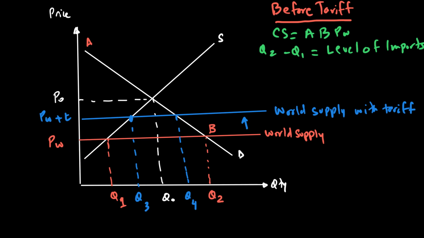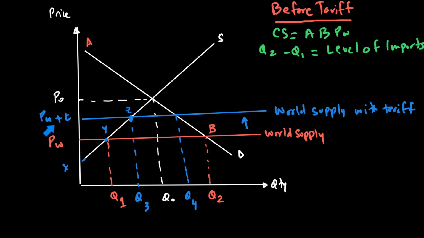And these, let's call it X, Y, were those producers previously who were producing at PW. Now it's X to Z producers, these extra producers, Q3 minus Q1, who are also producing more.